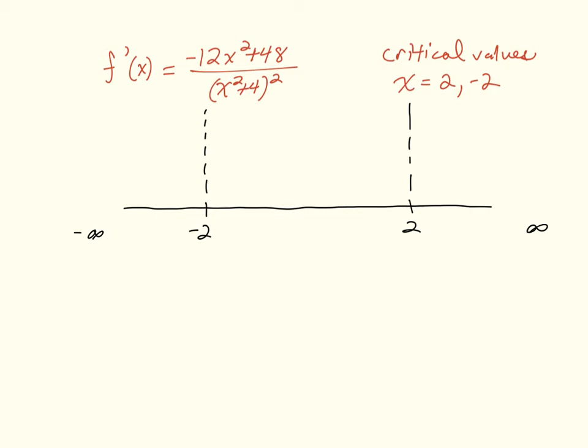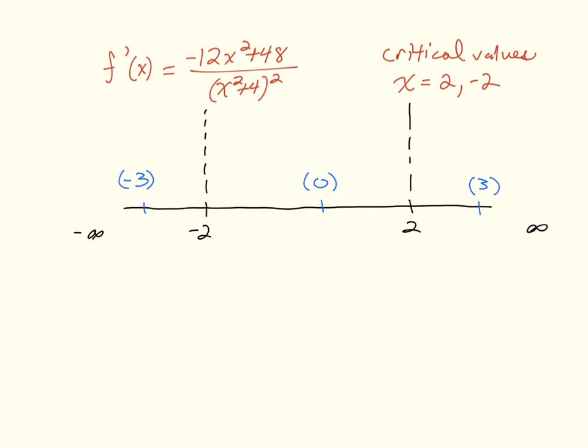So we're trying to figure out whether the original function increases or decreases on each interval. In order to do that, we need to find a test value on each interval. So let's call this negative 3, let's pick 0, and let's pick positive 3.